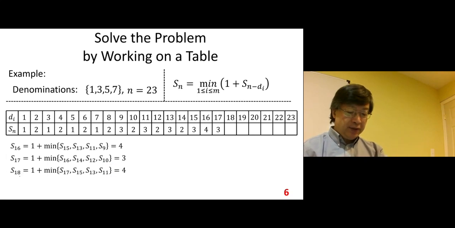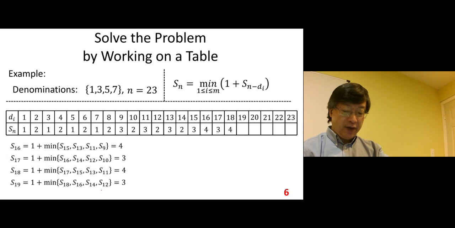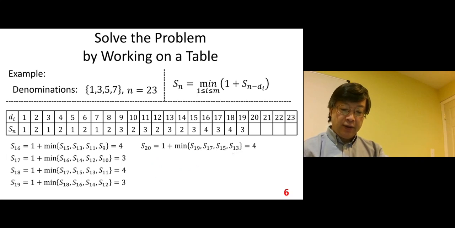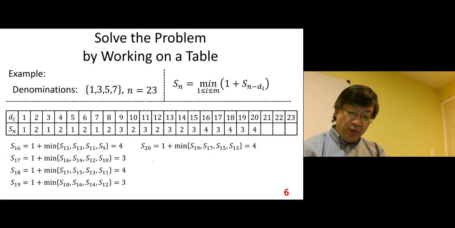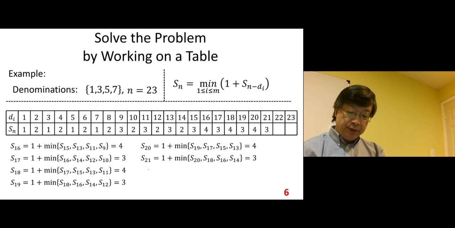For 20, the value is 4. For 21, the minimum is 2, so 3.